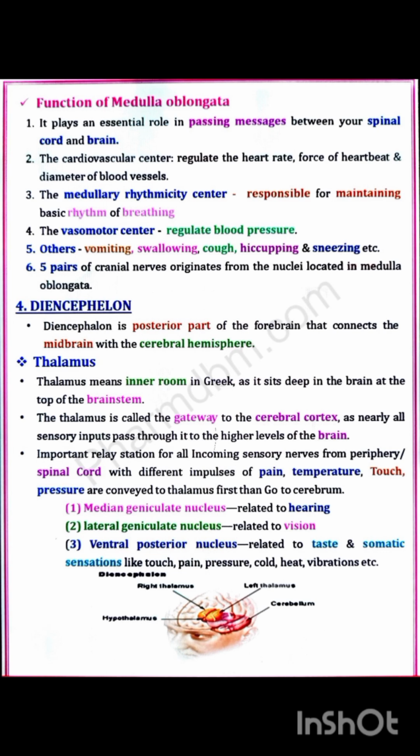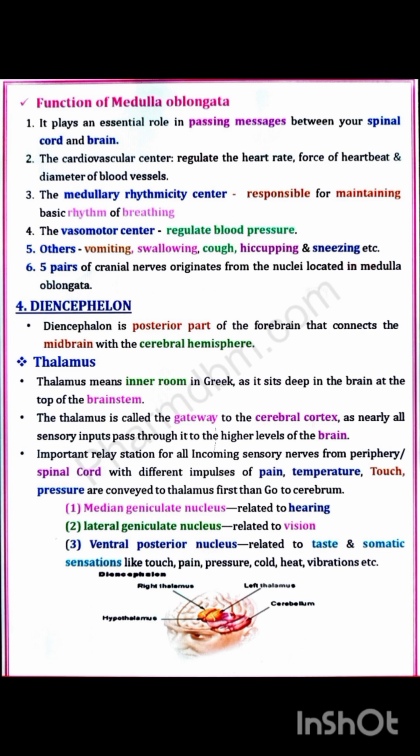Fourth one, diencephalon. Diencephalon is the posterior part of the forebrain that connects the midbrain with the cerebral hemisphere. Next, thalamus. Thalamus means inner room in Greek, as it sits deep inside the brain at the top of the brainstem.